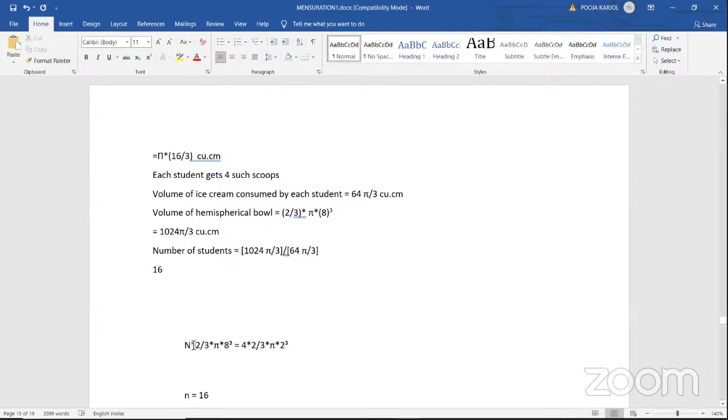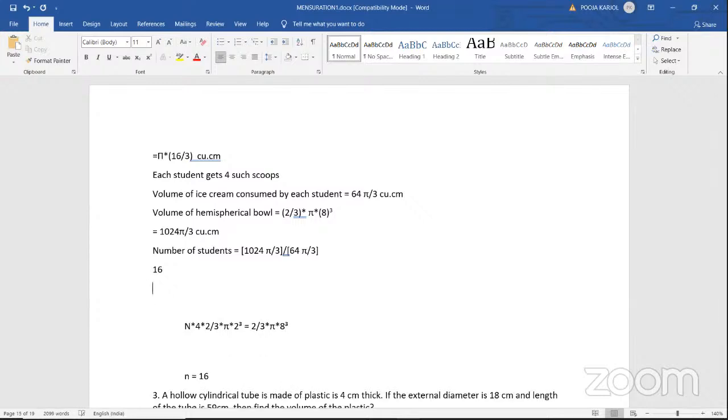For each scoop the volume is this much, and 4 such scoops are combined. So n into 4 into volume of each scoop is equal to volume of the whole ice cream. Like this you have to solve in exam. Any doubt?